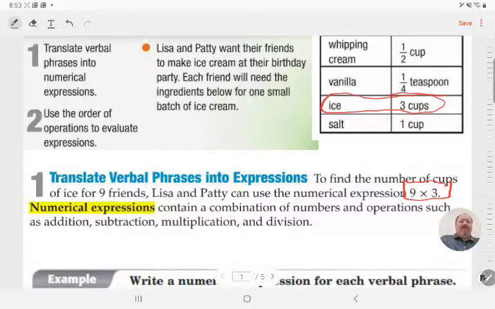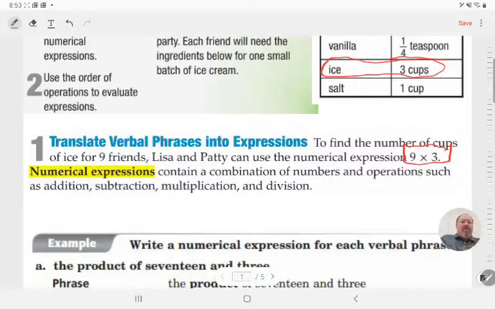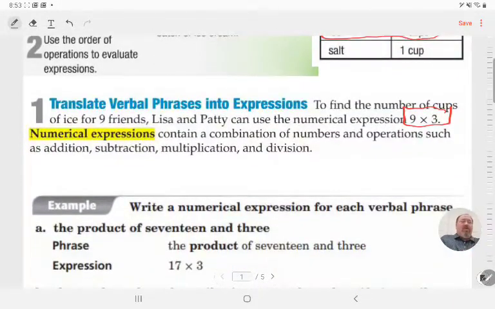Okay? So the numerical expression contains a combination of numbers and operations such as addition, subtraction, multiplication, and division. All right. Also, if you look on your note sheet that is under your modules for words and expressions notes, there is a little table on there that will help you when writing numerical expressions.